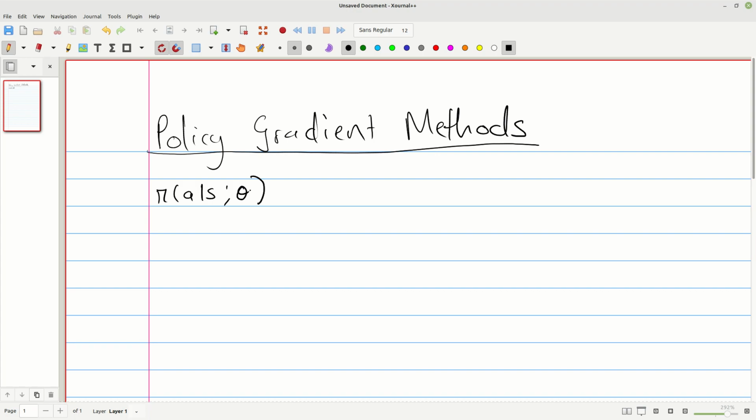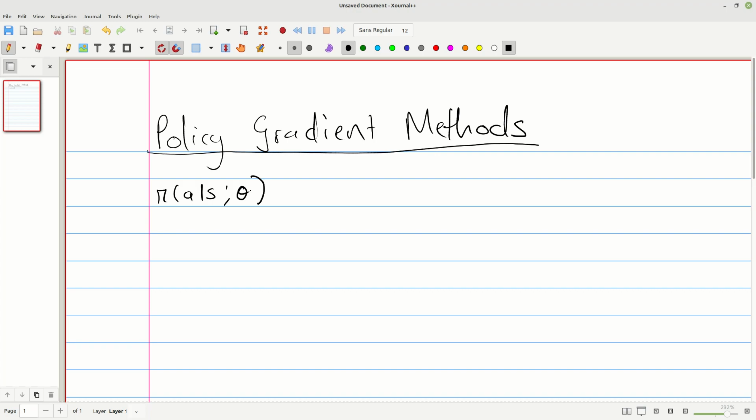Because in tabular learning, a policy is optimal if it can maximize every state value. That's how we defined our optimal policies back then. But now our policy function is represented by theta. So as you can imagine, you would expect us to compute some gradient computations in order to maximize some metric that we will define.